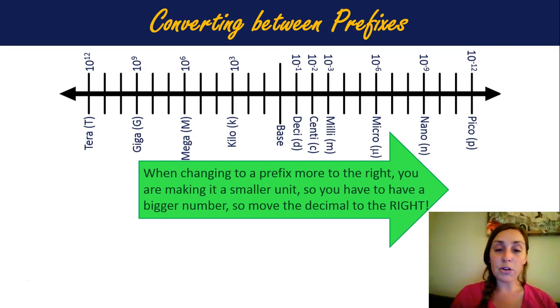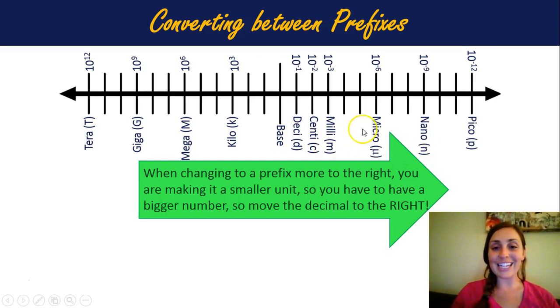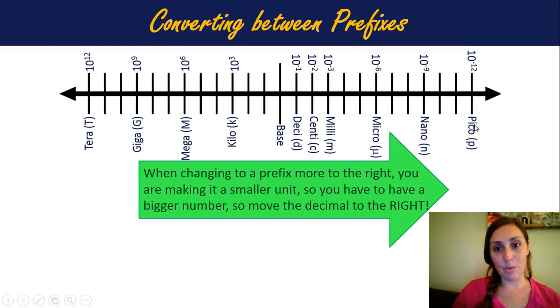And if you have a smaller unit, you need to make the number bigger. To make the number bigger, you move the decimal to the right. That's why this is listed with the small units on the right, so that you remember which direction to move the decimal.